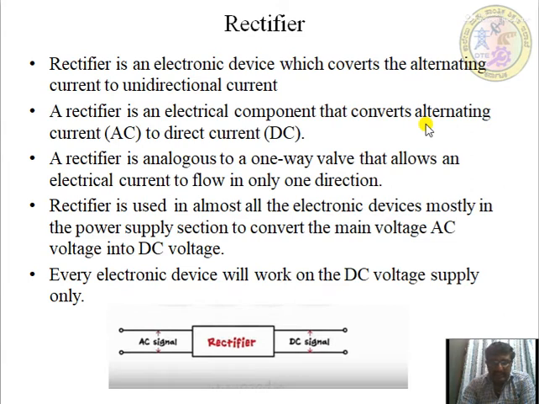Rectifiers are used in almost all electronic devices, mostly in the power supply section, to convert the mains AC voltage into DC voltage. As we already know, electronic devices use a battery, for example your mobile phones, laptops, remotes, digital watches, or your music system.